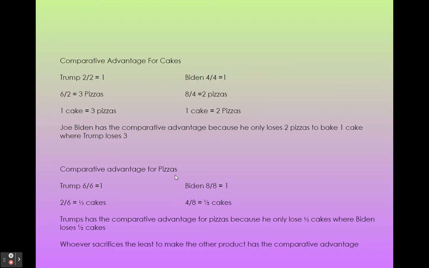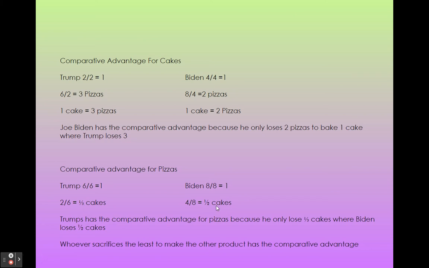Divide by 8. 4 divided by 8 is half of a cake. So here's their opportunity cost. 1 pizza costs Trump 1/3 of a cake, whereas for Biden, 1 pizza will cost him half of a cake. 1/3 is smaller than a half.